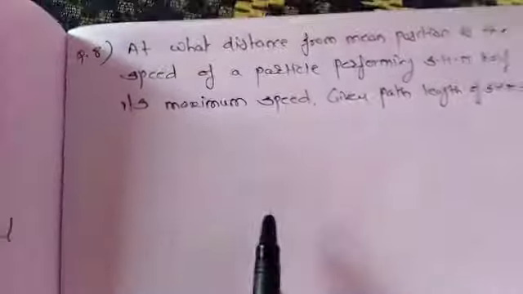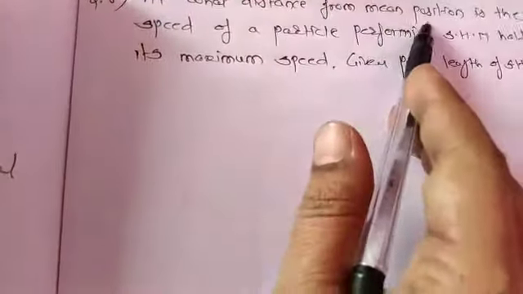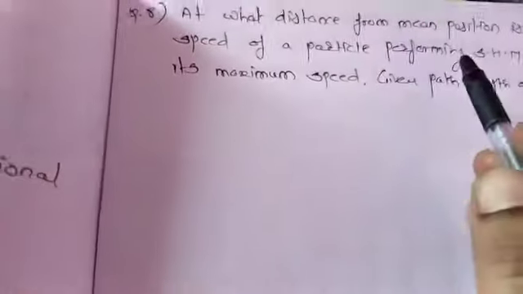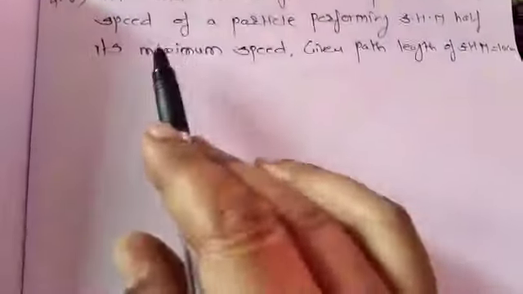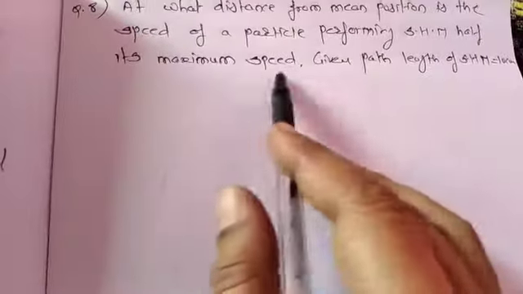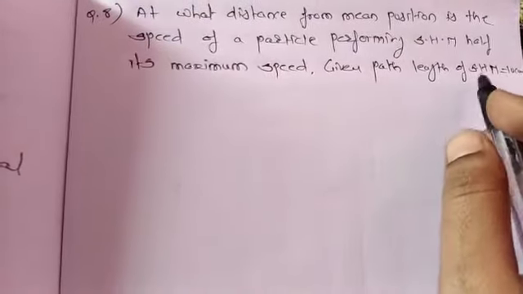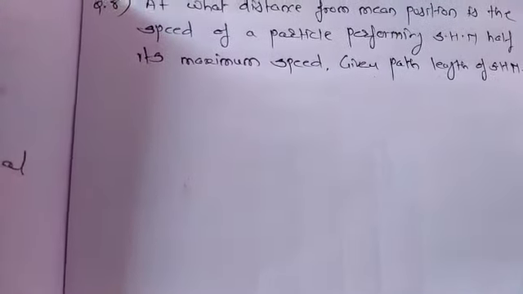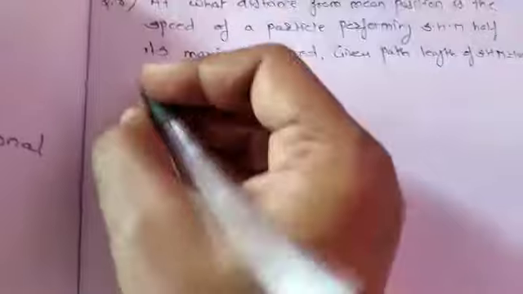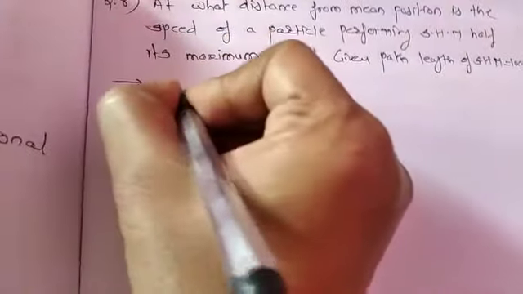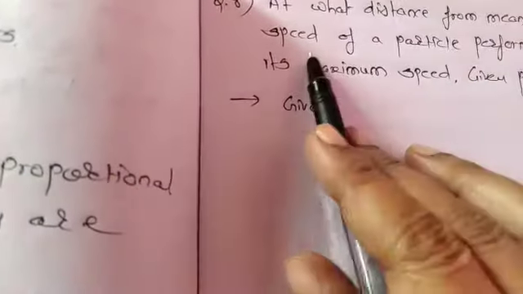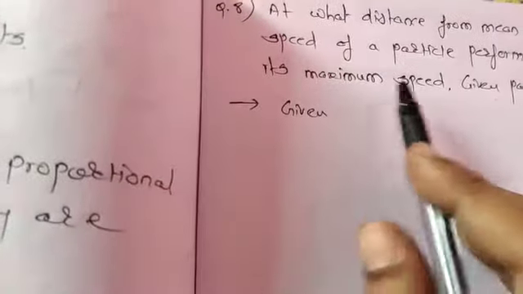So the next problem is problem number 8 in the textbook. At what distance from the mean position is the speed of the particle performing SHM half its maximum speed? The given is the path length of SHM, it is 10 centimeter. So we'll write the given things first. What is given? At what distance from the mean position is the speed of the particle half its maximum speed?